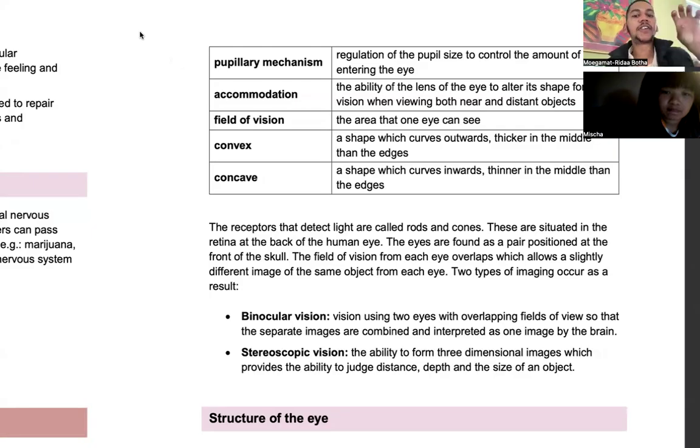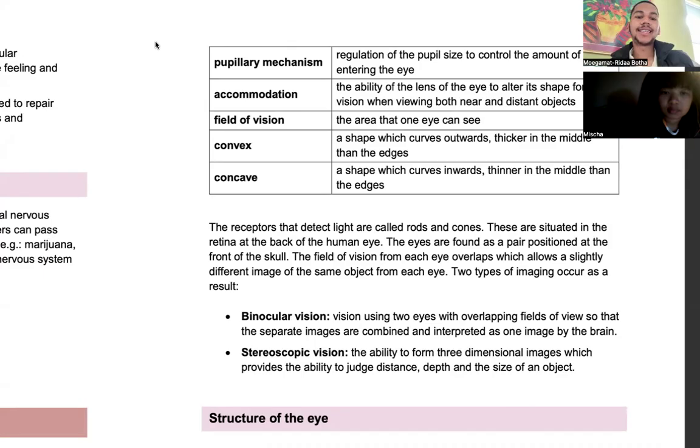Okay. A field of vision refers to the area that one eye can see. Then also the difference between convex and concave. Convex is a shape which curves outwards, thicker in the middle than the edges. So, for example, let me just draw a quick illustration of the convex, just for you to remember the difference between convex and concave.